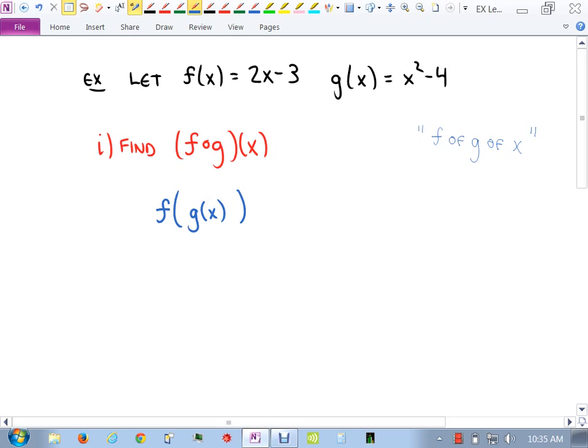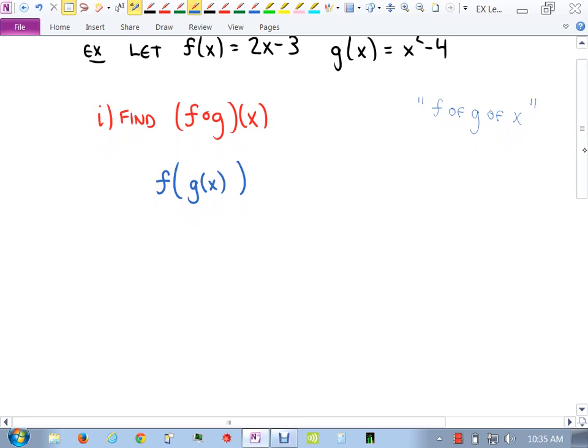That's what it means. So the blue would be where I start my answer here. What I'm going to do first is rewrite f, but instead of writing g of x inside, I'm going to put what? What is g of x? X squared minus 4, right? So all I've done is a complete replacement of what g of x is defined to be.